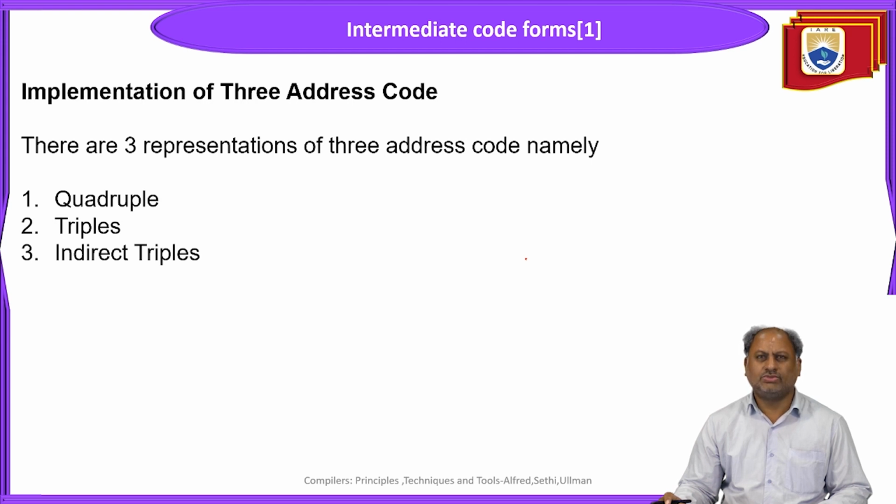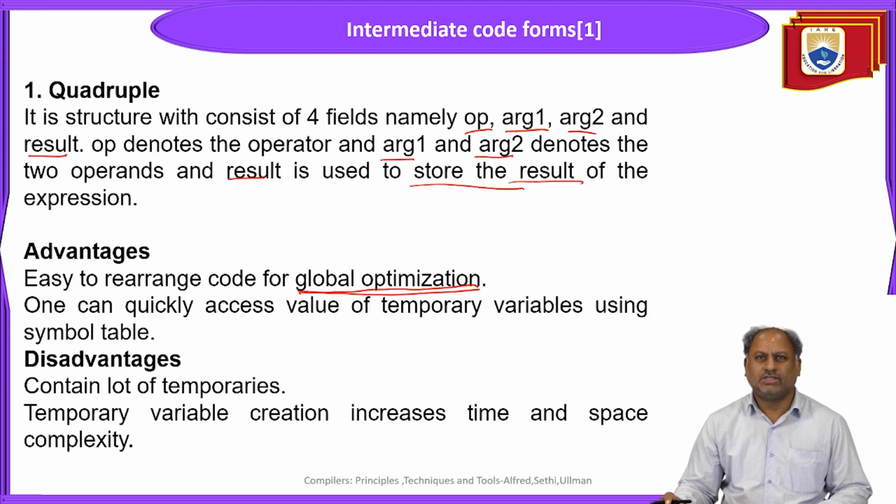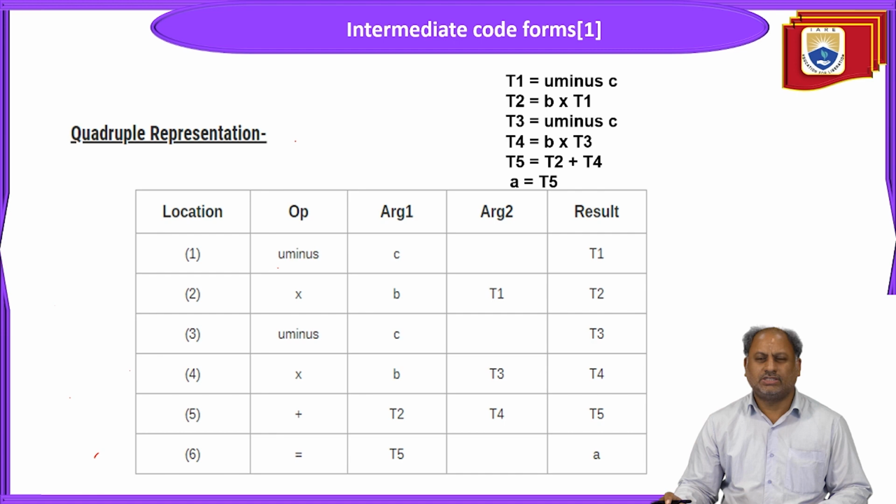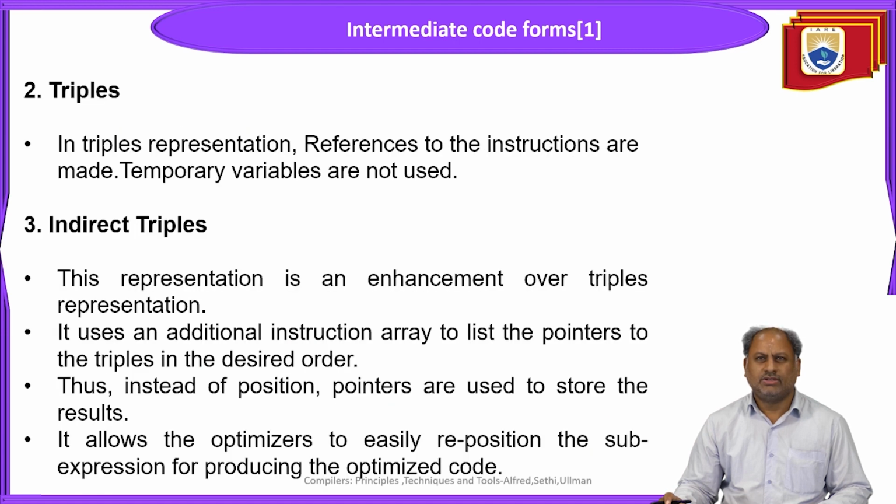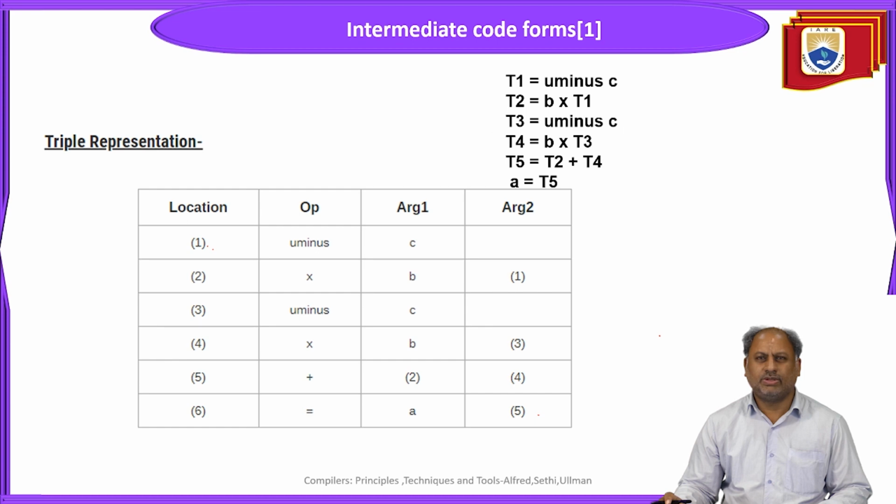Quadruple representation contains four fields: operator, argument 1, argument 2, and result. In triple representation, we write a reference to the instruction instead of temporaries, the rest remaining the same as the quadruple representation.